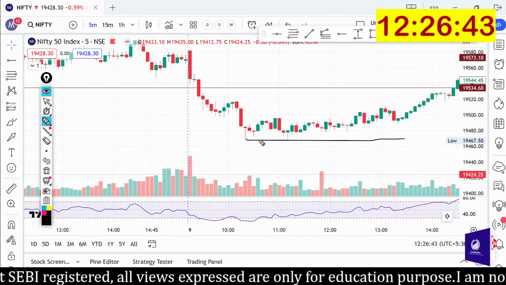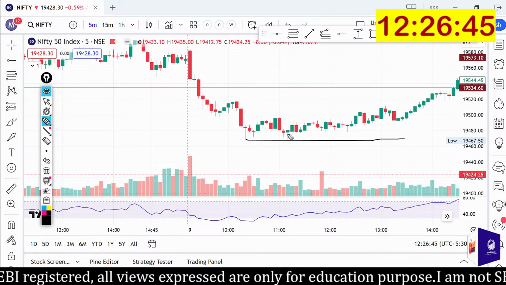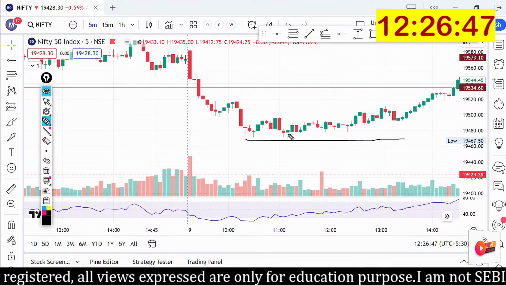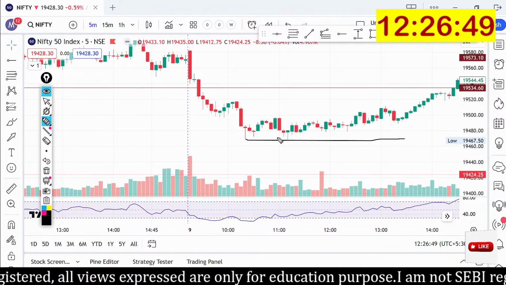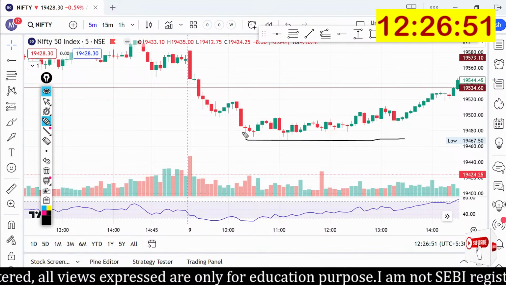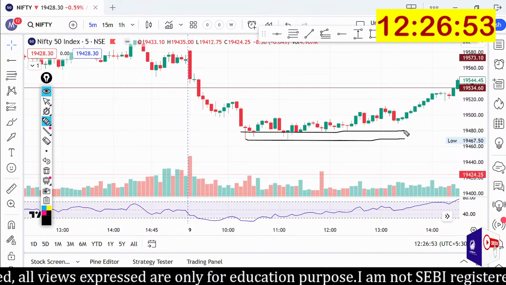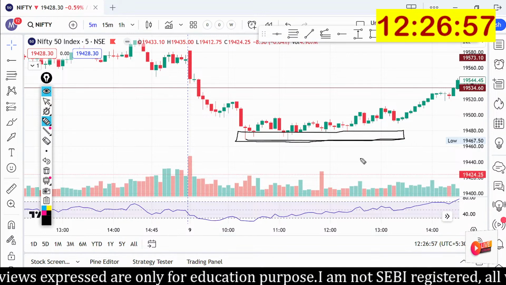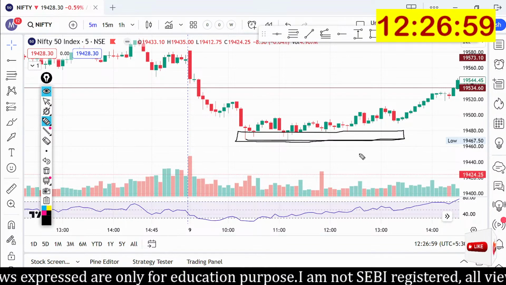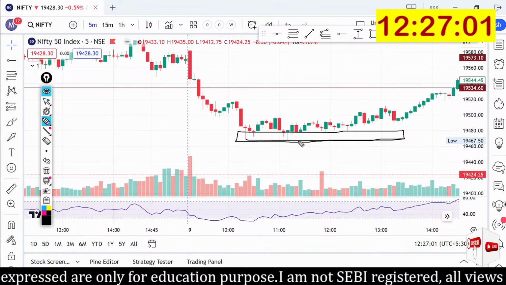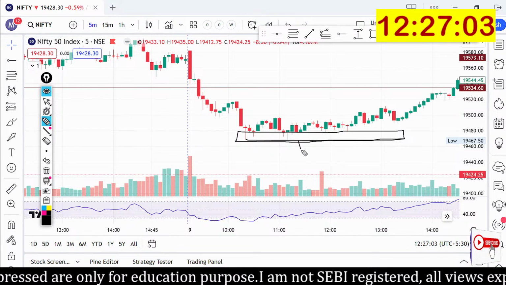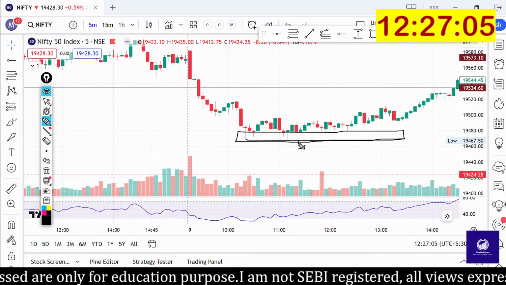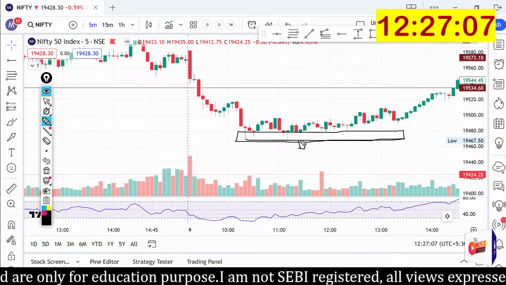This low was not broken. Here again another hammer forms. So this is telling us there is a strong support building up in this area. If this low had been broken at these levels, this would have been a strong fall again.